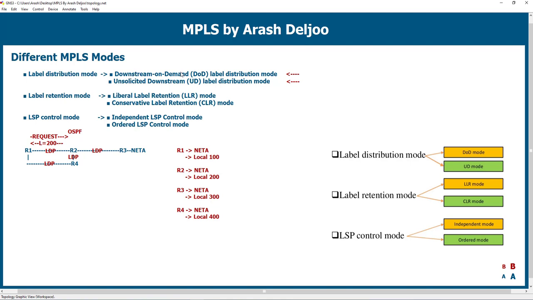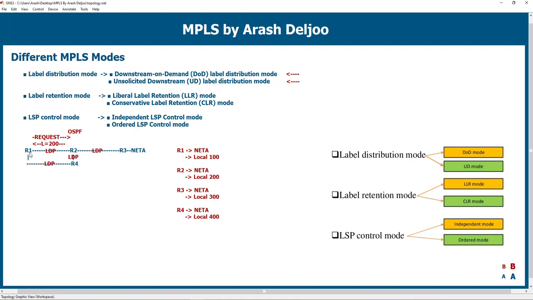This is Downstream On Demand, and this means that R1 should request from the downstream router for net A to send a label for that network to it.